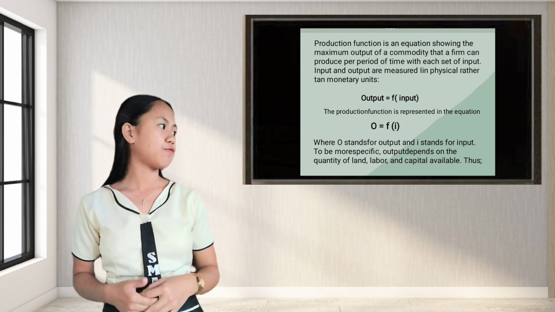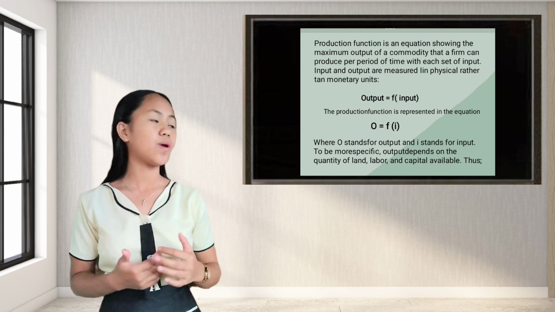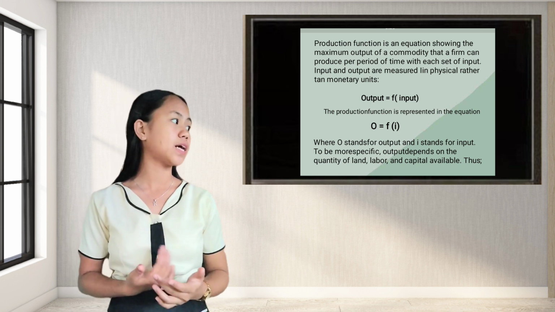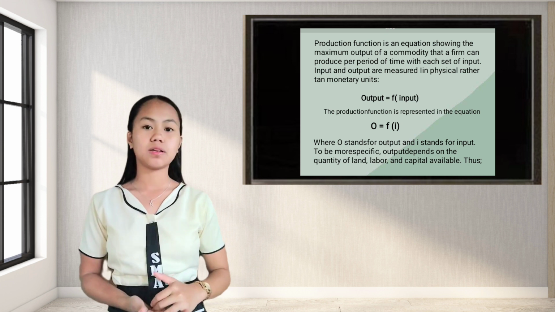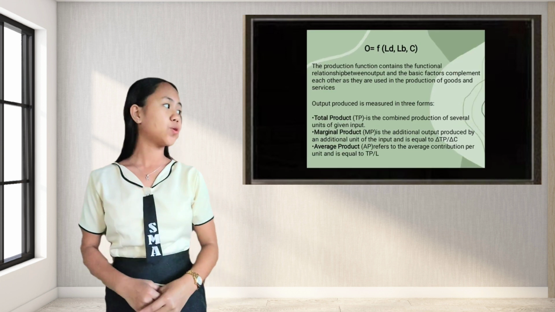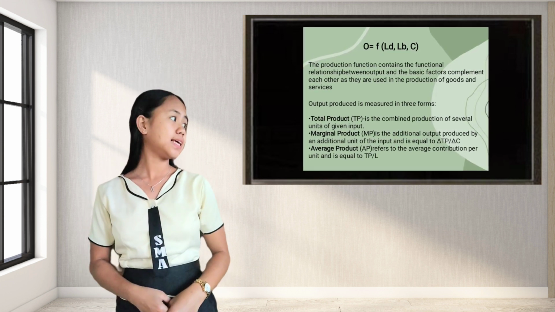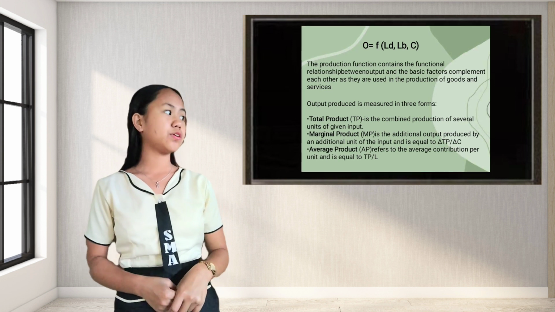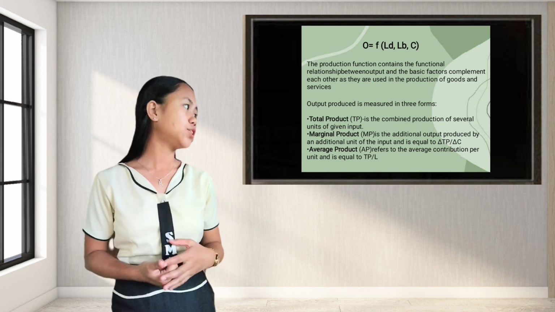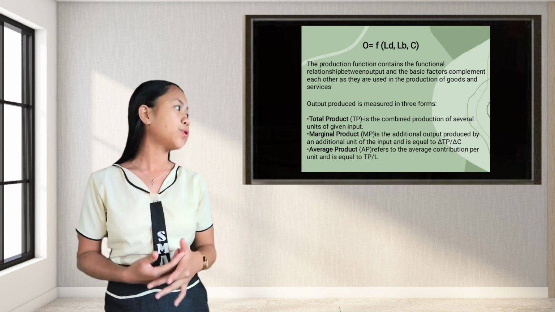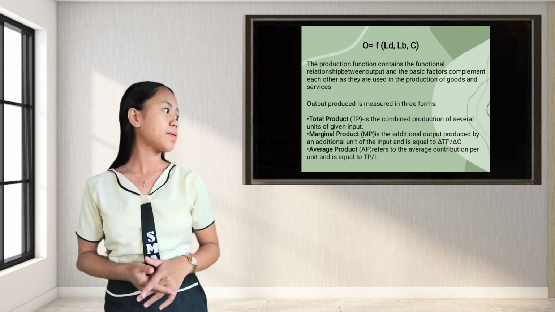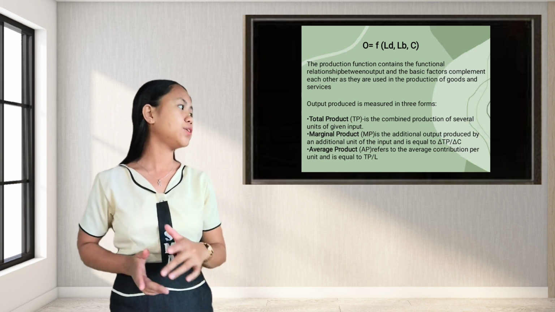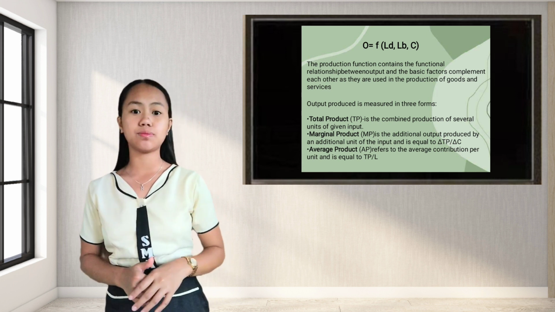To be more specific, output depends on the quantity of land, labor, and capital available. Thus, O equals F of Ld, Lb, C. The production function contains the functional relationships between output and the basic factors, which complement each other as they are used in the production of goods and services.